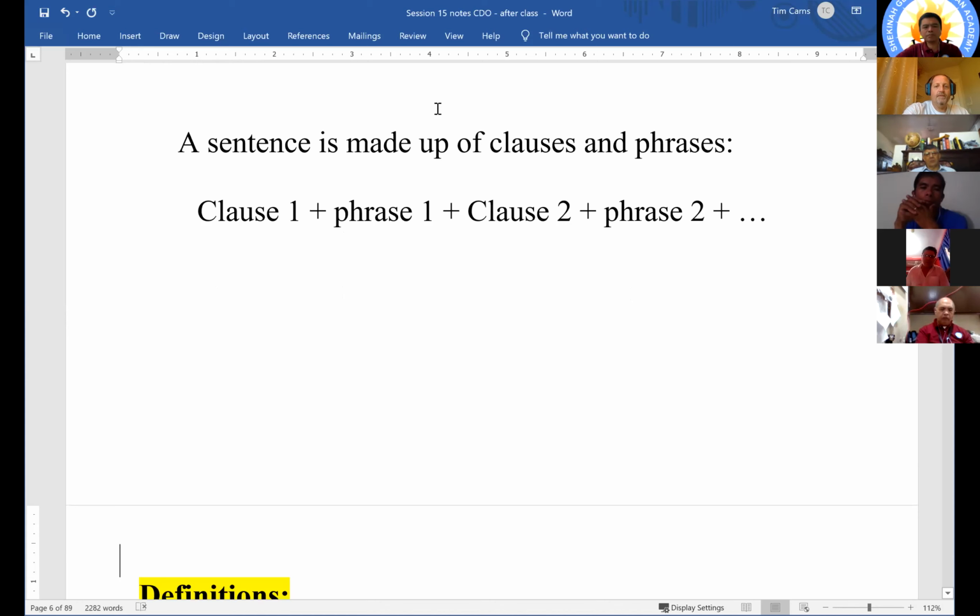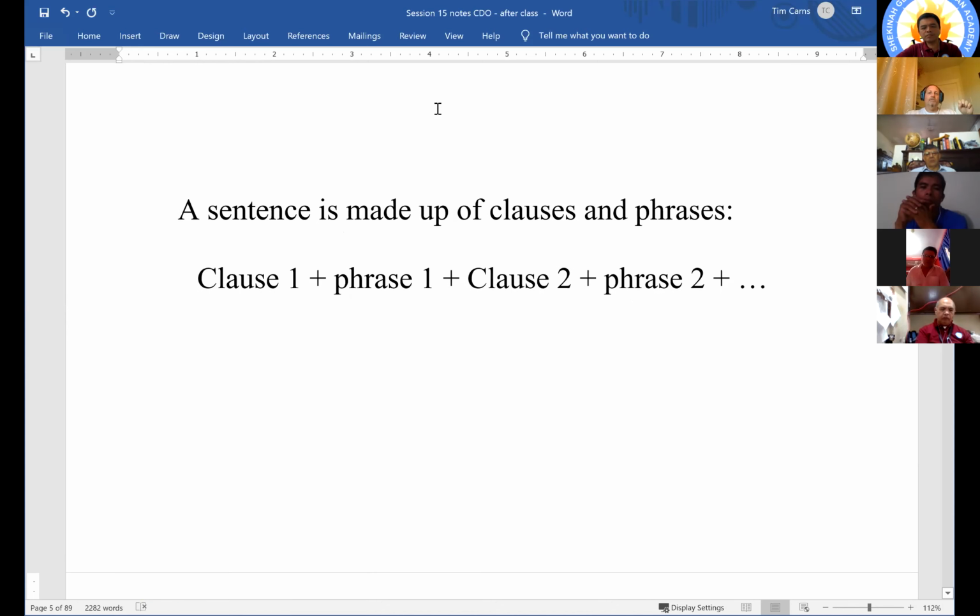So you take a sentence and it's going to have what are called clauses. Those are basically a series of words that contain a verb and a subject, or a phrase. And a phrase does not have the verb and the subject together. It may have one or the other, but not both. I'll explain that in a minute.